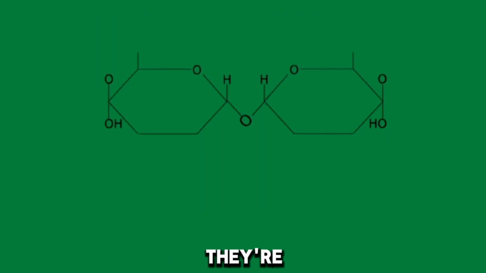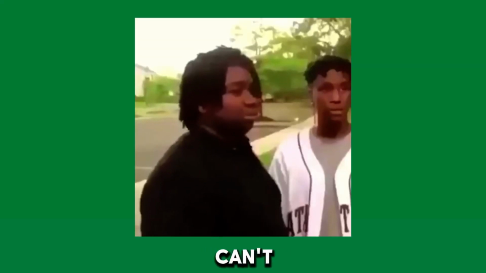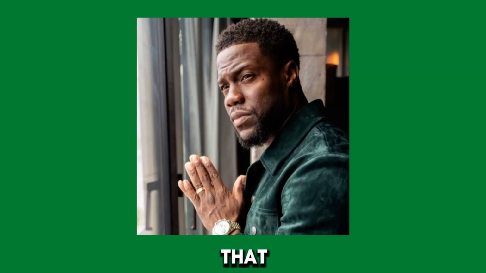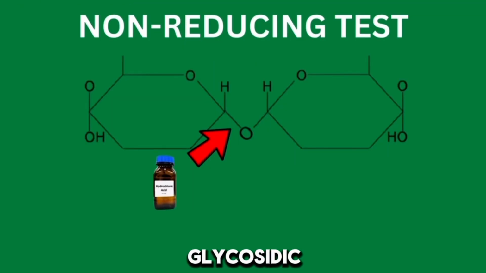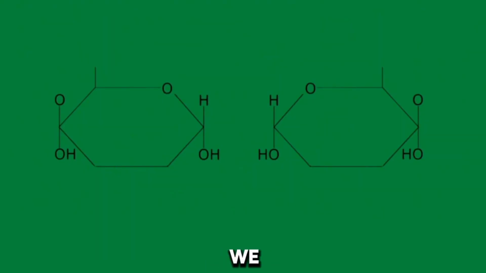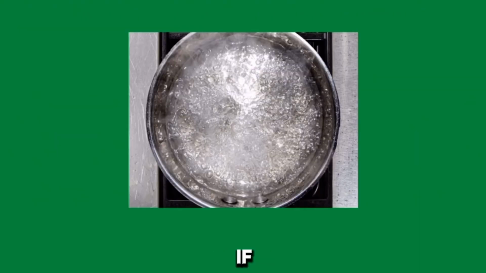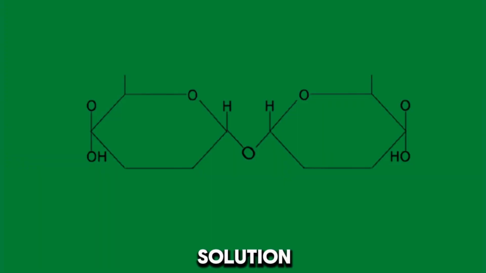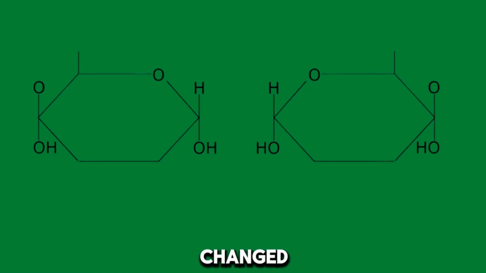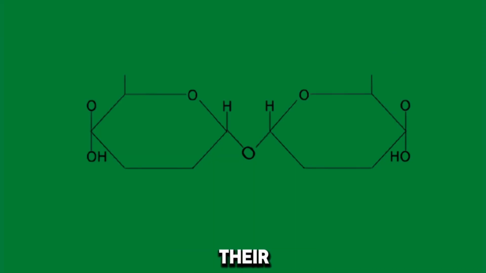They're like these little invisible creatures that we can't see. So in order to test for them, we first break them. We add hydrochloric acid into it. We acidify it, and that breaks these glycosidic bonds. Now we heat it close to the boil. If there are any disaccharides in this solution, we've just broken them into their monosaccharides.